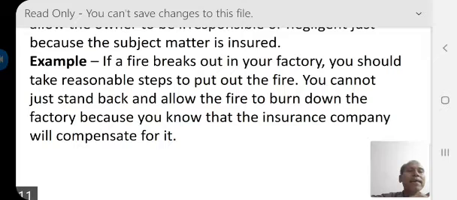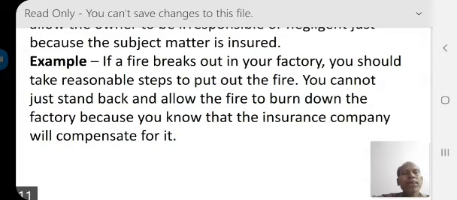At the same time, you must try to stop it with possible measures, with possible methods, not beyond that. To your possible extent, you must try to stop such incidents, such losses.